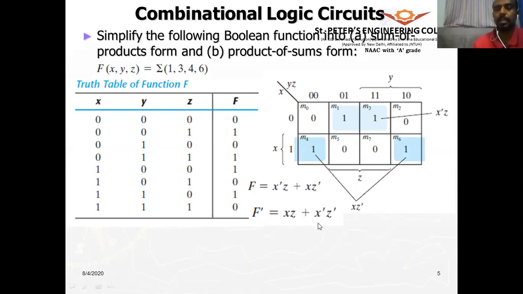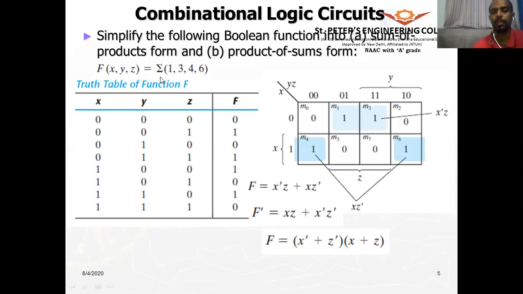All right, fine. Next, we are going to find the complement of this. So F complement will be equal to, so we have to take a complement of this whole function here, which results in X complement or Z complement ANDed with X or Z. So this is the POS form of this function, whose SOP form is given here.